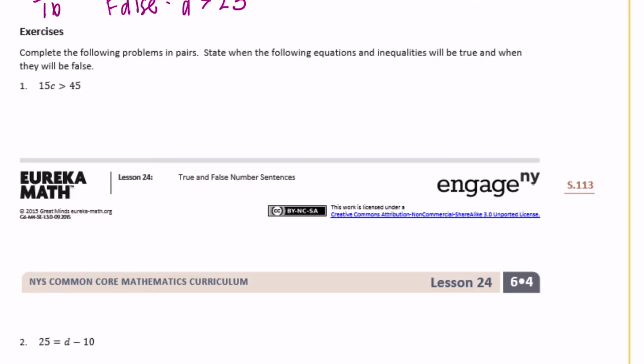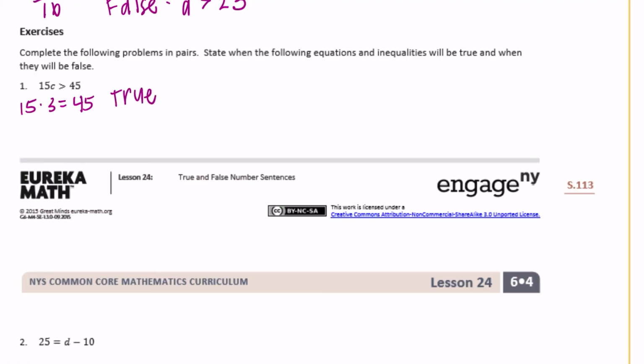Okay, 15c is greater than 45. So if we were to make 15 times something equal to 45, we would do 15 times 3, but that's equal to 45, and we want it to be greater, so we're going to need to pick a number greater than 3 to make this true.